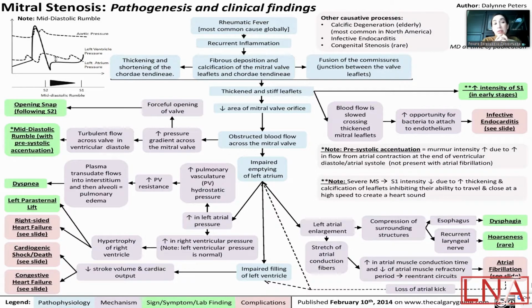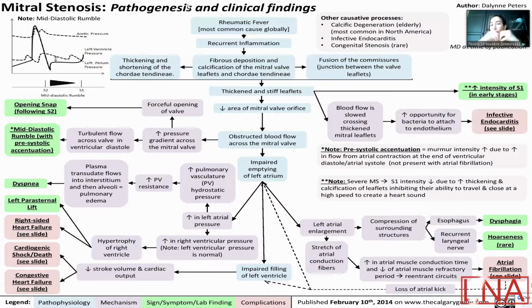Sometimes it's bacterial endocarditis, and very rarely another, congenital pathology. Other causes are calcific degeneration with atherosclerotic damage and calcification, infective endocarditis, and very rarely congenital stenosis. So rheumatic fever, or recurrent autoimmune inflammation, leads to fibrosis, deposition, and calcification of the mitral valve leaflets.